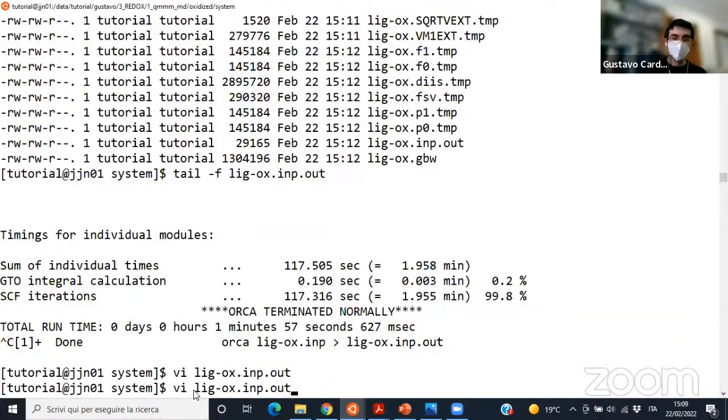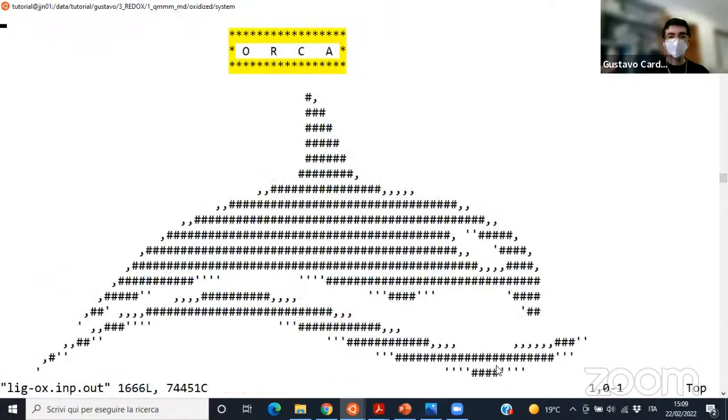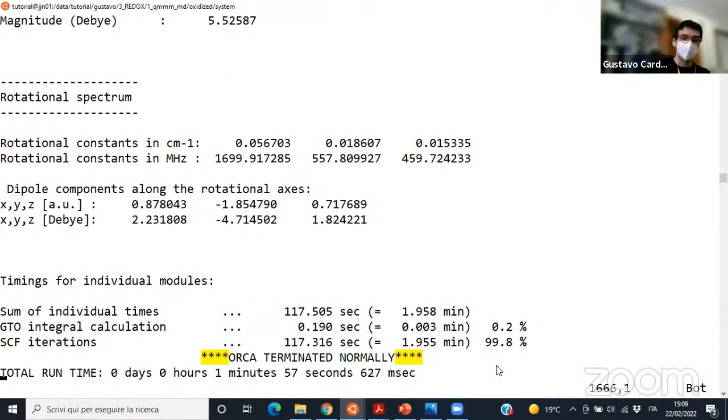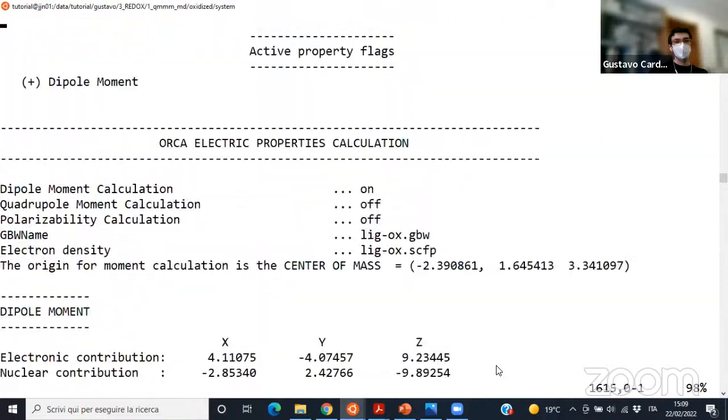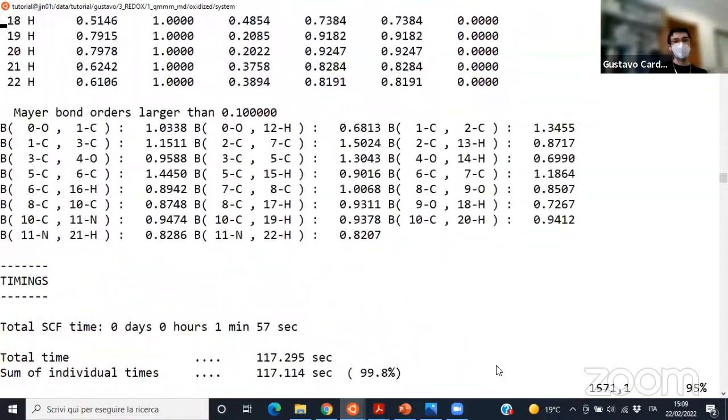So I have opened the output file. There is going to be a section in the output file. I'm going to go to the end because I don't remember what exactly the parser is. So I'll just look for this iteration section of the file. I'm just going to go upwards.